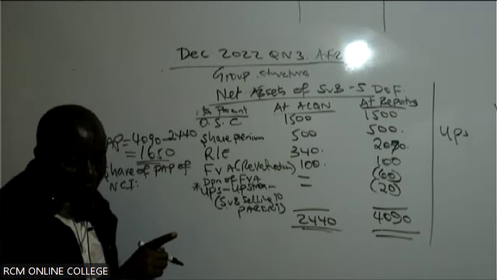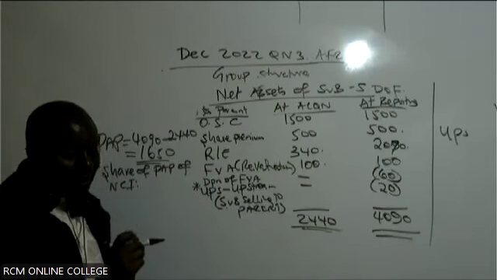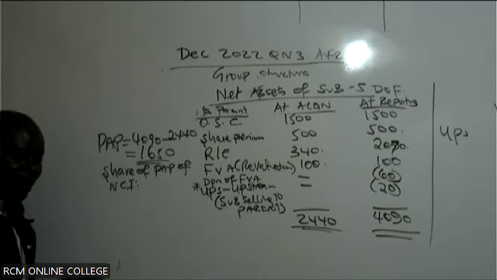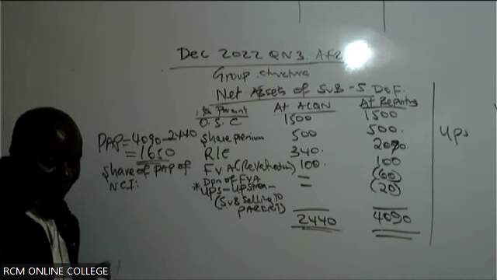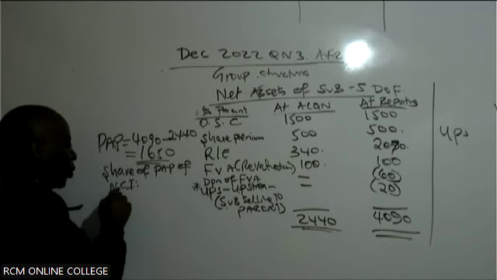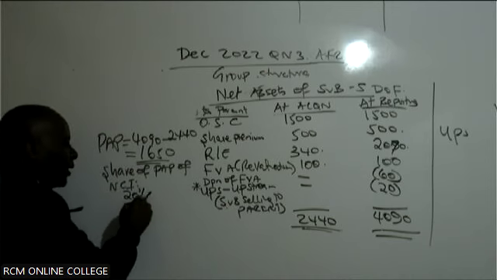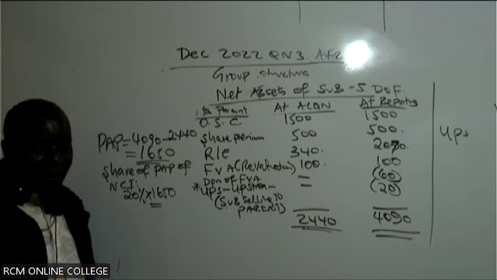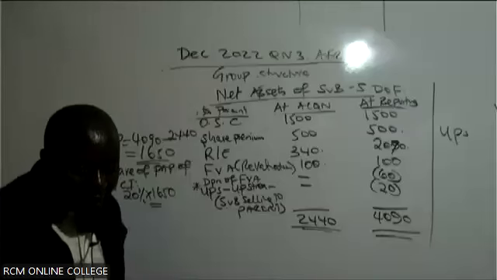Remember, the group has 80%, so the non-controlling interest will be having 20%. So 20% of 1650 will end up giving us 330.